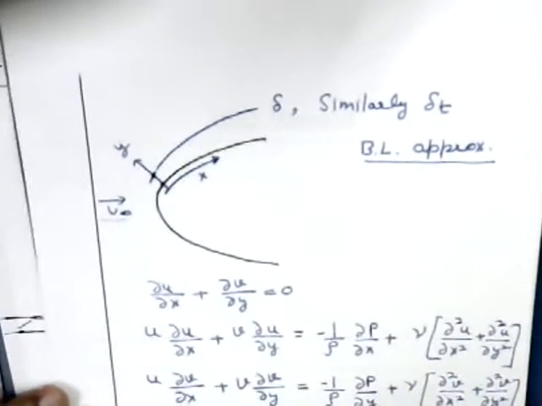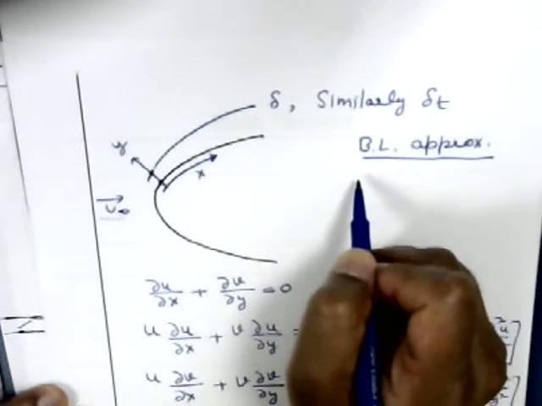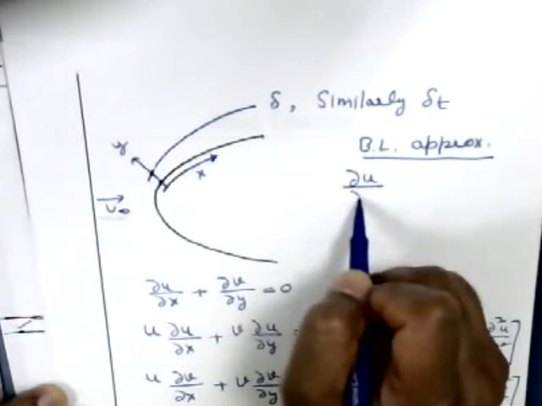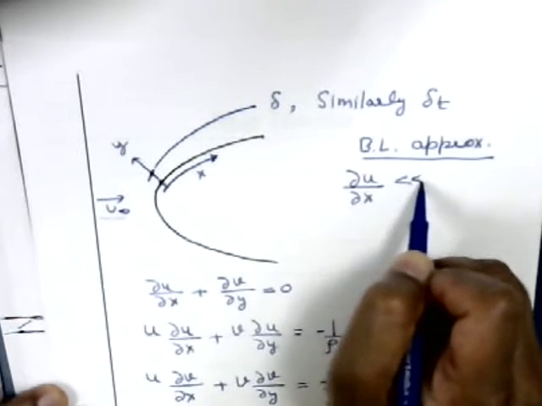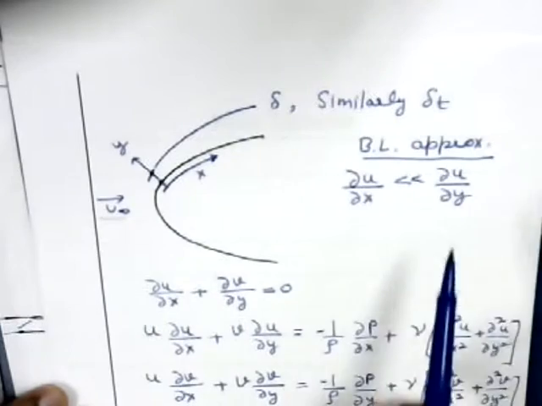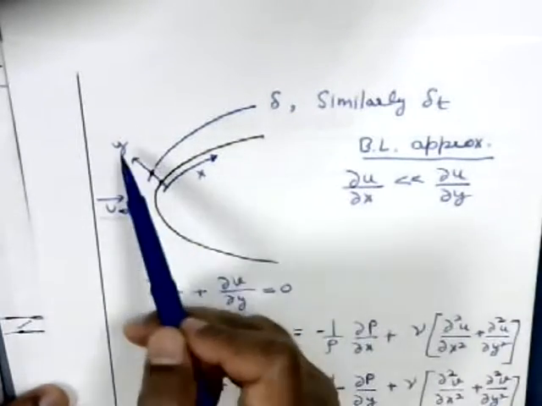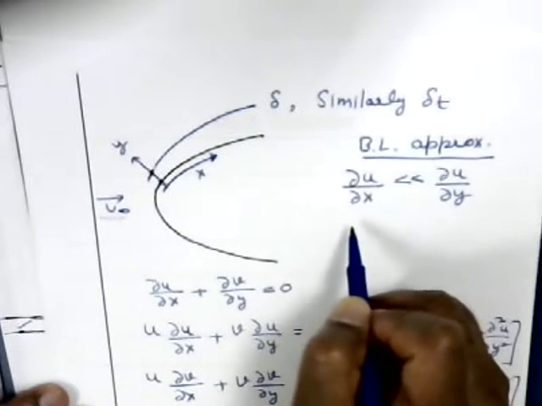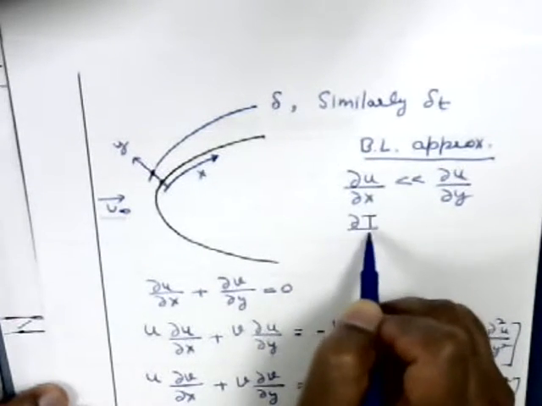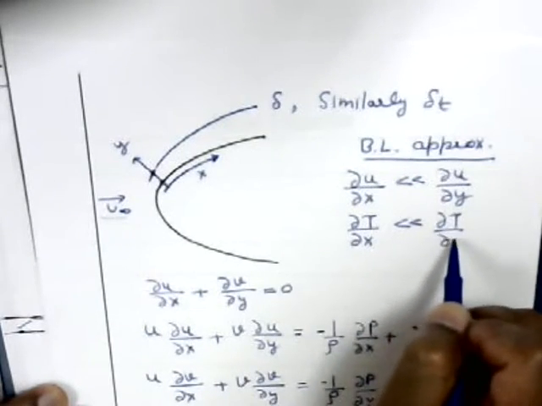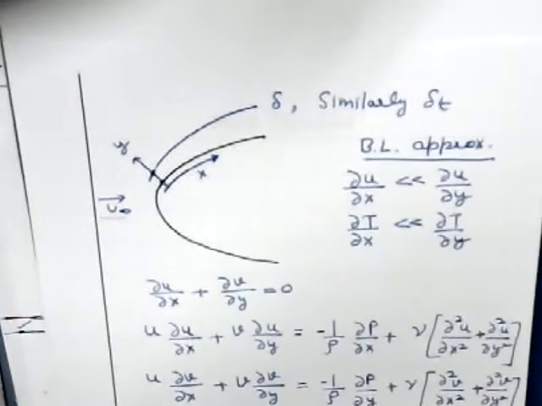So the essence of boundary layer approximation is, I'm just giving you some examples here, ∂u/∂x is much smaller than ∂u/∂y. So velocity gradient in the y direction is very large in comparison to the x direction. Similarly, ∂T/∂x is much smaller than ∂T/∂y.